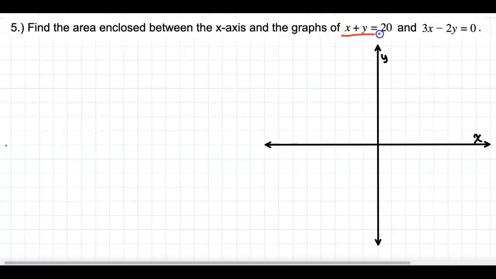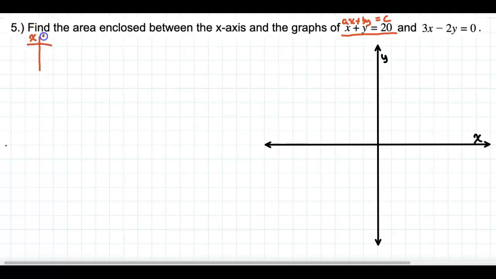this one here. Since it's written in standard form, ax plus by is equal to c, the coefficients and the constants have to be integers to be in that form. But anyway, the easiest way to graph that is just to use the x and y intercepts.